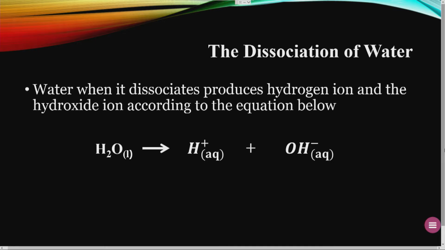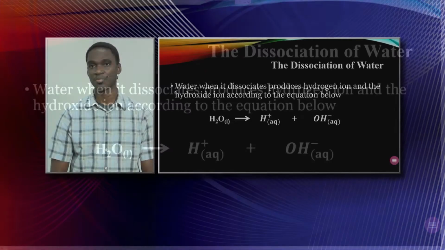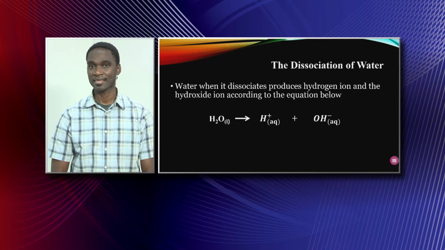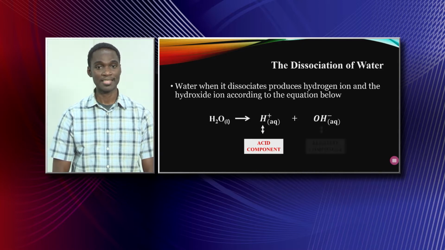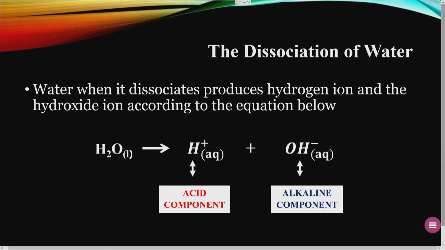Remember previously, as we began to look at acids, bases, and salts, the H plus gives us the acidic nature, while the OH minus gives us the alkaline nature. So there we have it, H plus being the acid component and OH minus giving us the alkaline component.